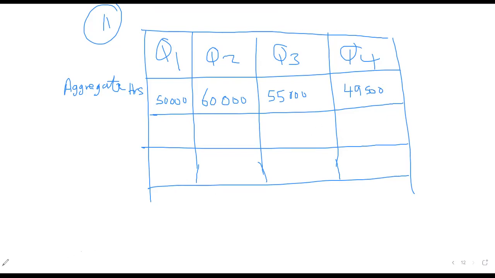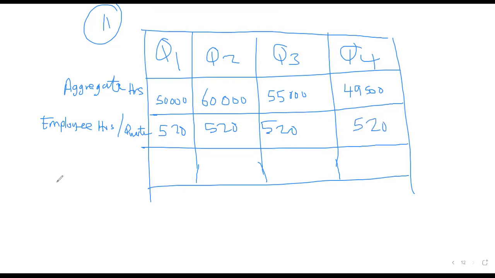Then employee hours per quarter: it's 520, 520, 520, and 520.